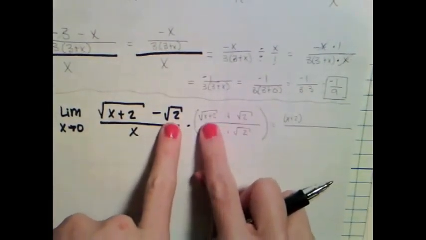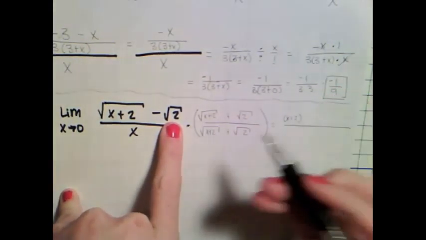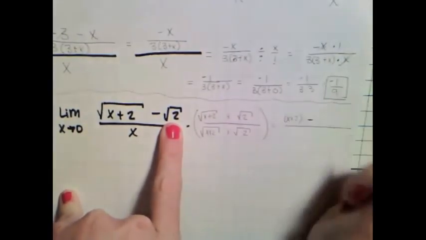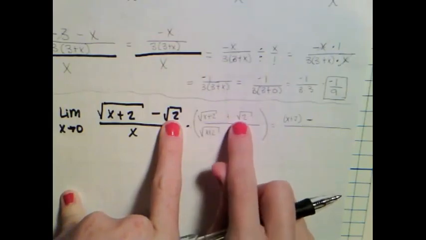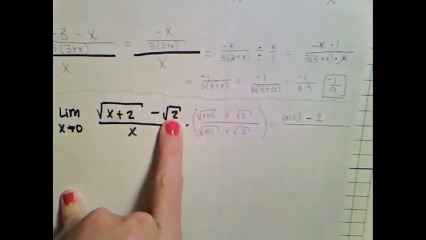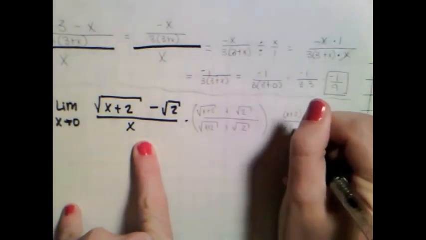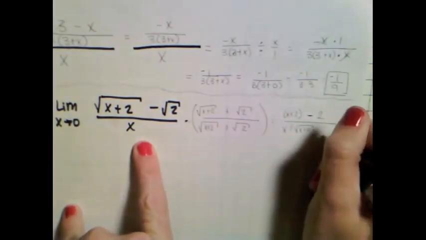My outer and inner terms cancel, and my last terms, this is a negative times a positive, so that gives us a negative. And the square root of 2 squared cancels out the radical and leaves us with the 2 that's inside. And my denominator, I'm going to write in factored form.